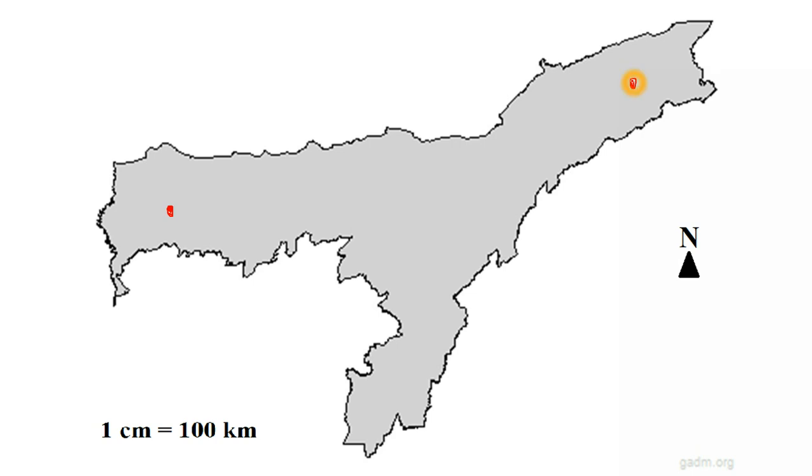Now if we want to find out the ground distance between these two places, what we have to do is first find out the map distance. Use a normal scale and find out the distance. Imagine you are getting 12 centimeters. So this 12 centimeters is the map distance and your scale is 1 centimeter equal to 100 kilometers. To find the ground distance, multiply the map distance with the map scale.